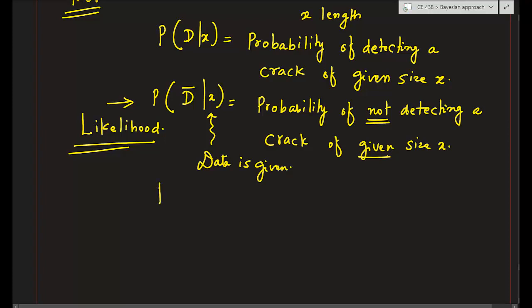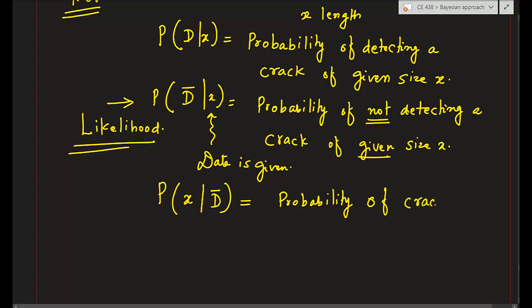Now we can write P(x | d bar), the probability of crack size x given it has not been detected. So these are the things that we have. Now we can use Bayes theorem.